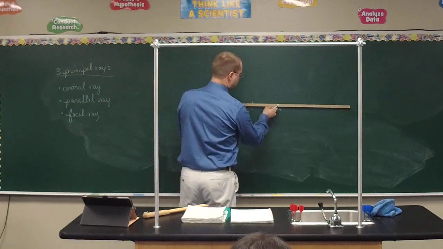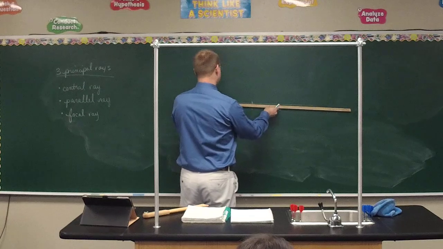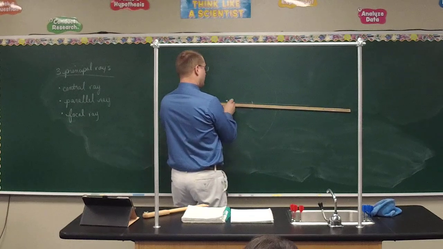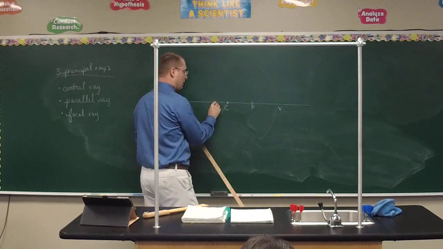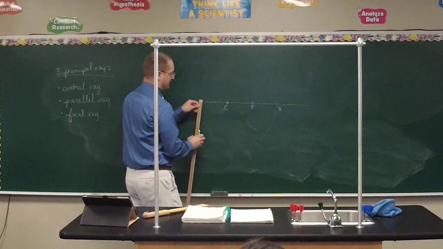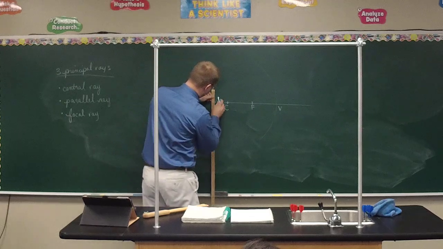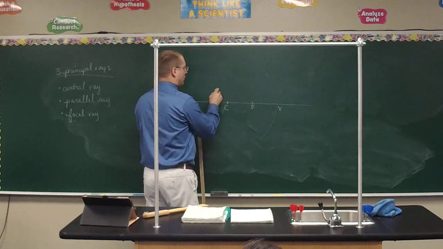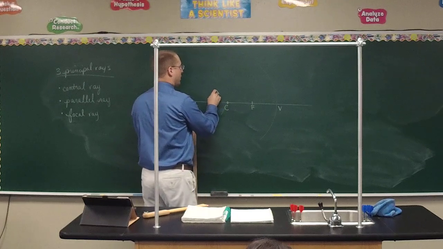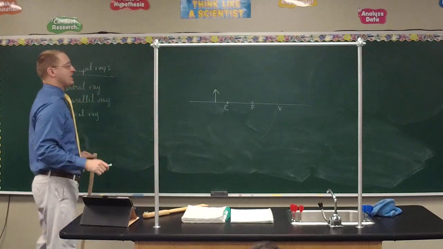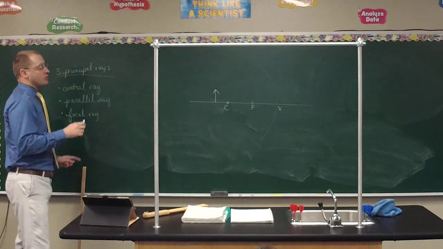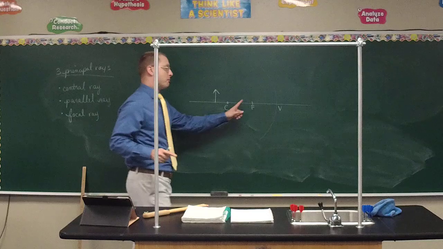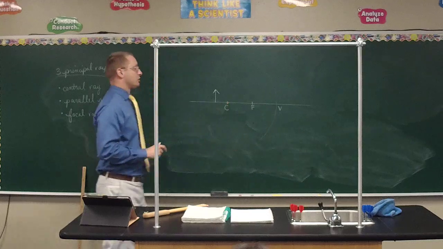So if it's 15 centimeters from the mirror, that should put it 3 centimeters behind the center of curvature. So this is where my object's going to be, and it says it's a 3 centimeter tall object. I'm going to draw it triple again, 9, so everything's to scale. We've got our 3 centimeter object, 15 centimeters from the mirror, or 3 centimeters behind the center of curvature.